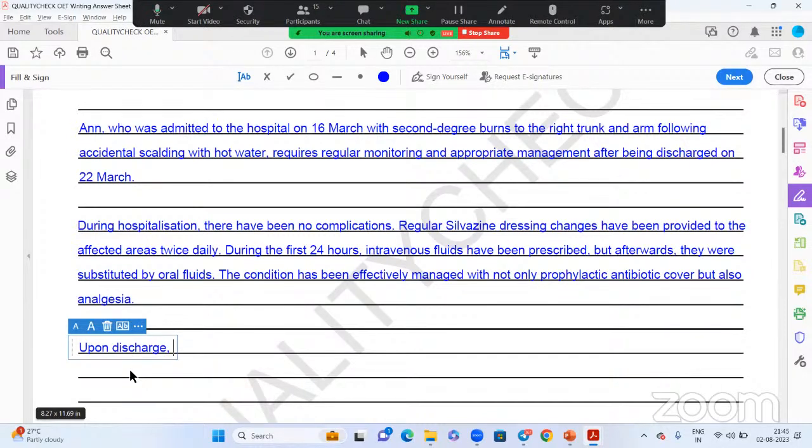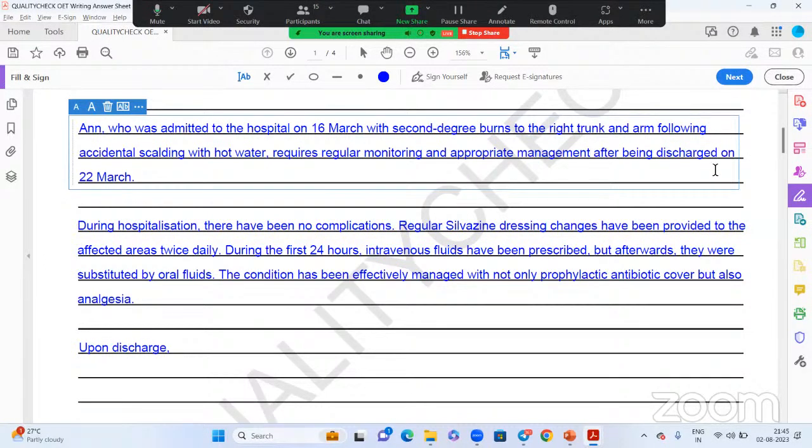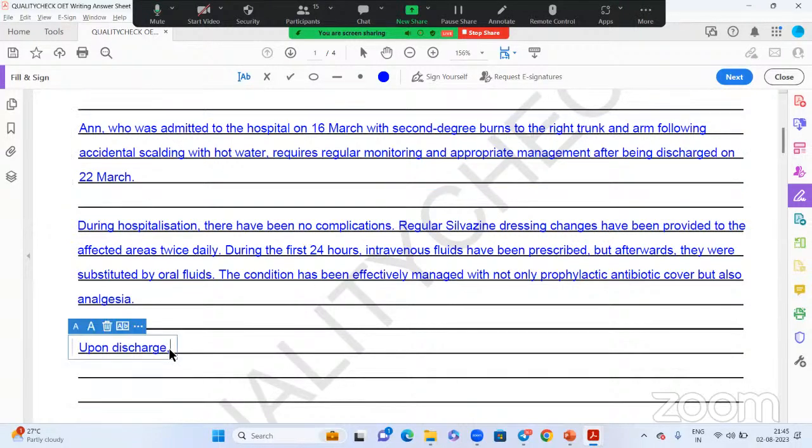We already mentioned it there, so you can eliminate it also, no problem. You can put a full stop here, and after being discharged on 22nd March, remove it here, and here you can write and will be discharged on 22nd March. You can write it here, there's no problem. Nobody is objecting to you. Right. Upon discharge.